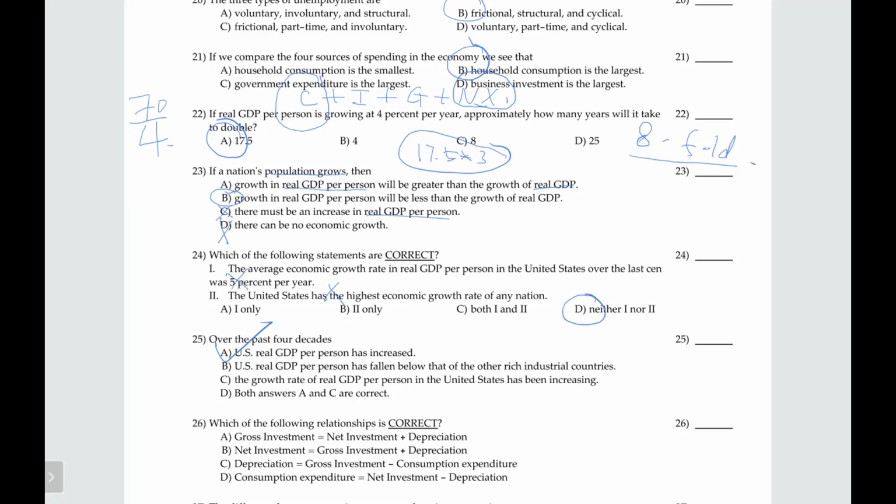If you look at European countries, the US real GDP per person growth is better than most of the other European countries. C, the growth rate of real GDP per person in the United States has been increasing. Not really, it's very stable. It's not correct. D, both A and C are correct. No. Okay, so 25 answer is A. So that's the basic facts regarding our economy.